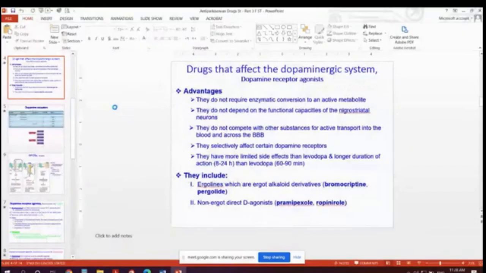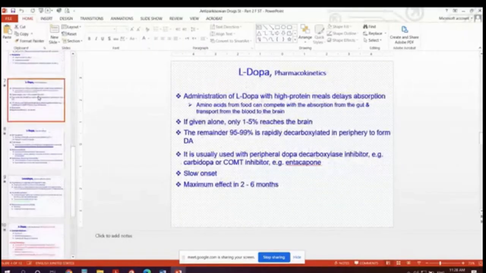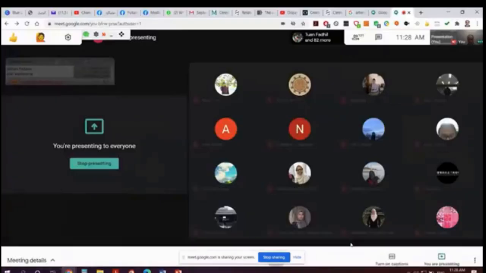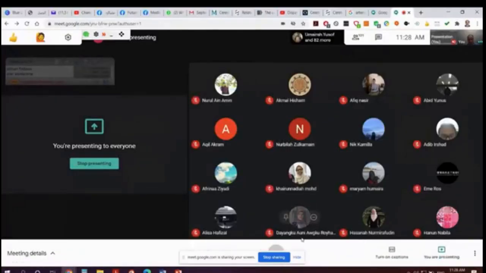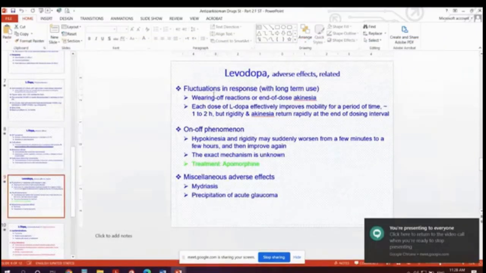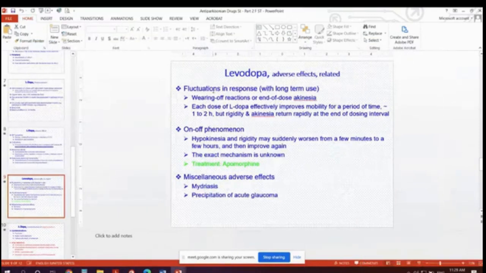Okay, there is this fluctuation. You said use these dopamine receptor agonists to prevent the fluctuation in response with long-term use of levodopa, the wearing off reactions and dyskinesia.